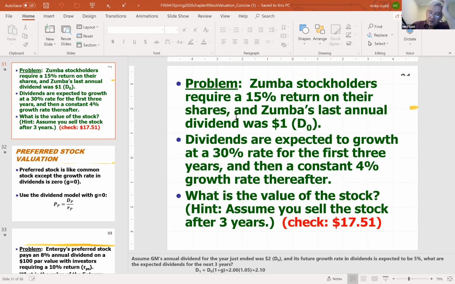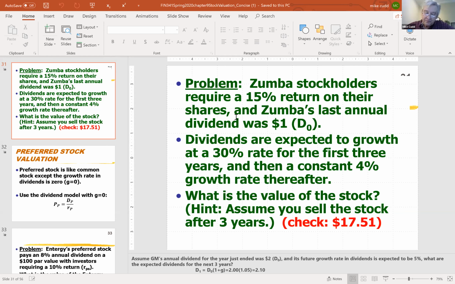This is a two-stage growth problem. The growth rate for the first 3 years is supposed to be 30%. Then the growth rate thereafter is a constant 4%.